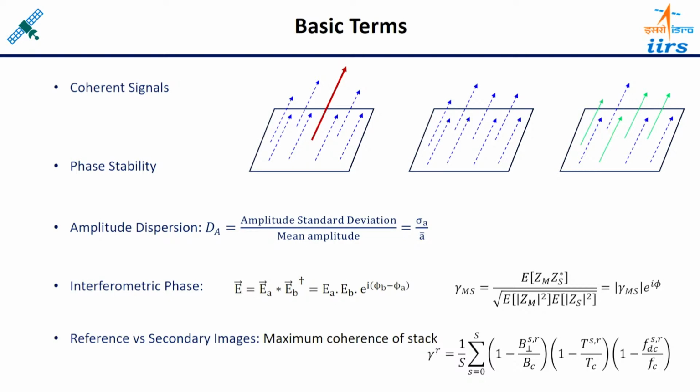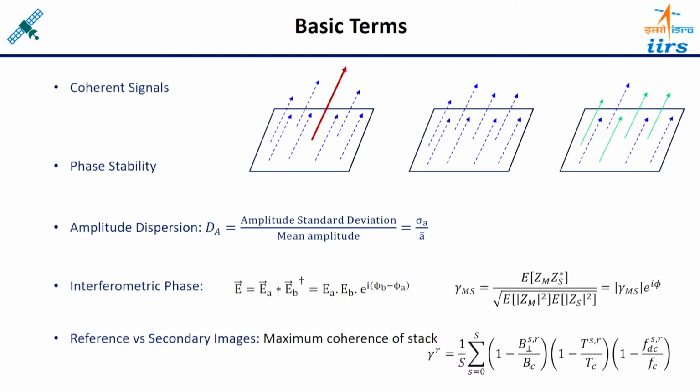So this BC is the critical perpendicular baseline. If the baseline, or the separation between the satellites, is more than this particular value, then the signals are completely decorrelated, and that pair of images is not suitable for interferometry. And the actual perpendicular baseline is always smaller than the critical baseline.